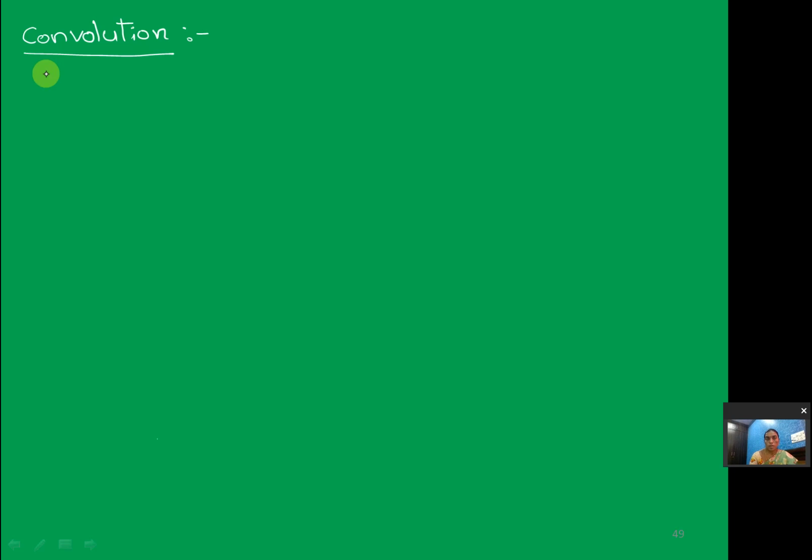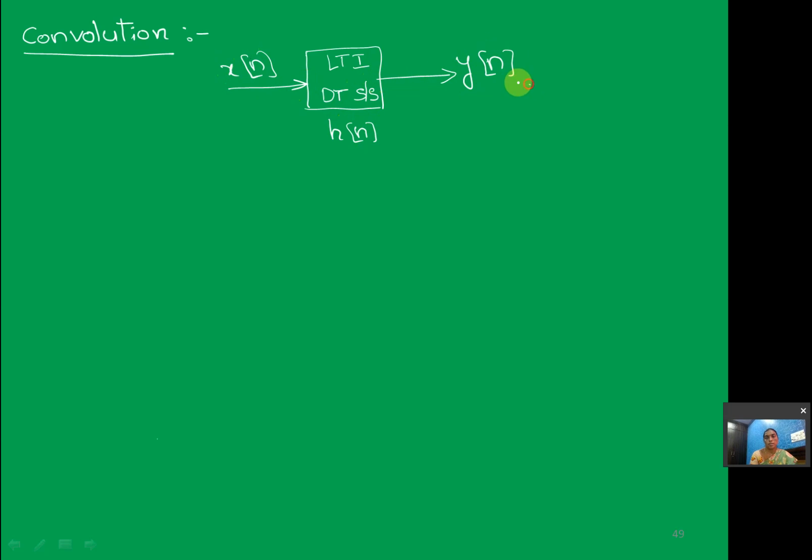Convolution means, if you take one system like an LTI discrete time system, LTI means linear time invariant system, which has the impulse response h of n and input is x of n.